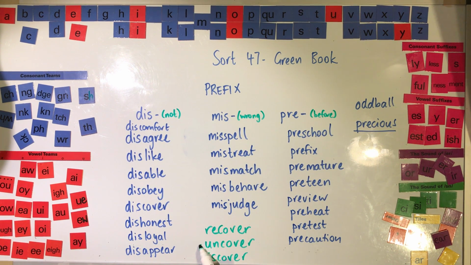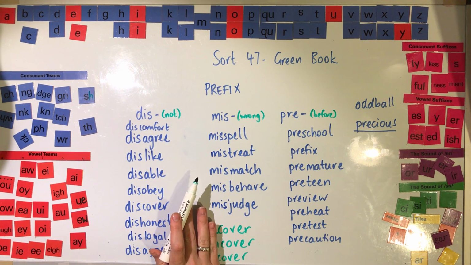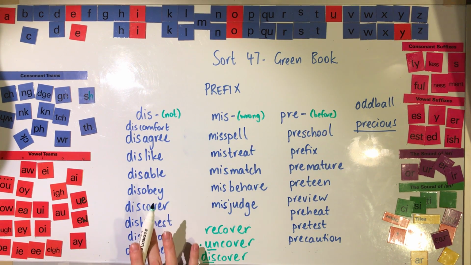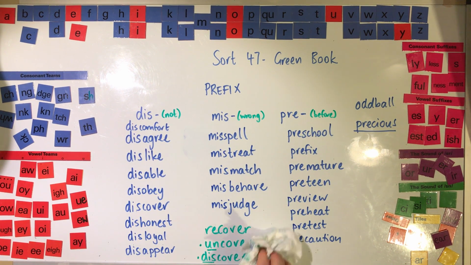So you can see that uncover and discover have very close meaning, and that's because un and dis are very close in meaning as prefixes, but we do use these words in different situations. But that's just a good example of where you can have a base word cover and use lots of different prefixes with it. But they do mean different things, so you have to pick the right one for the meaning that you want. Okay, so we'll leave it there.